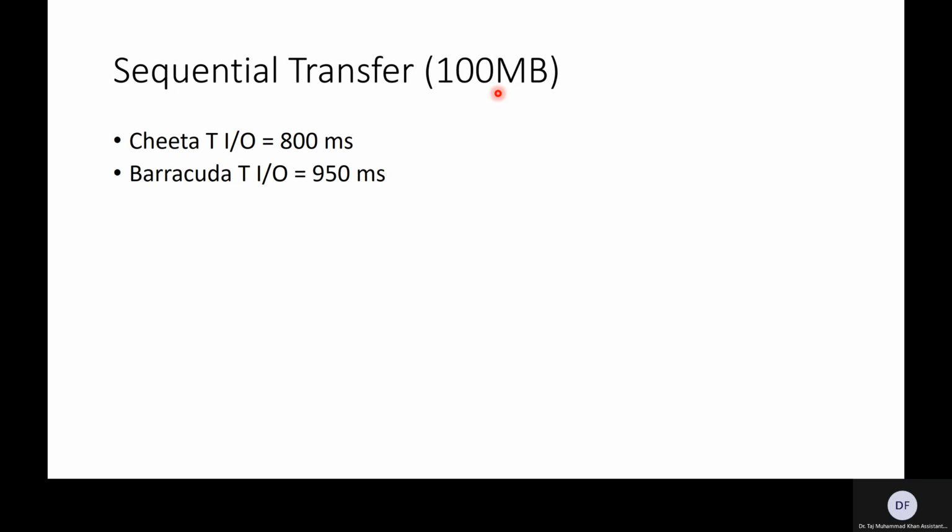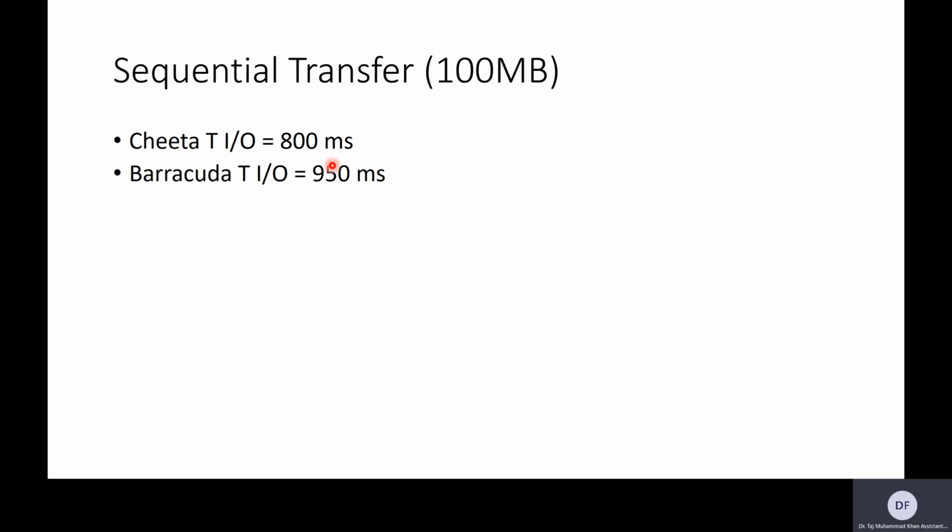If you have very large transfers, let's say a transfer of 100 MB, then we'll see that the T-IO for Cheetah is 100 milliseconds and the T-IO for Barracuda is 950 milliseconds, based on the same calculation that you did last time.